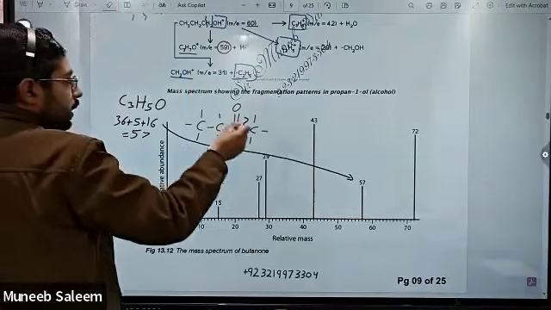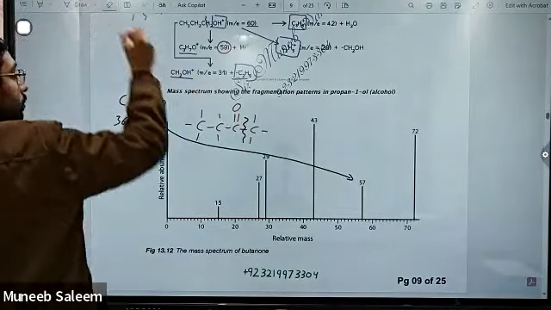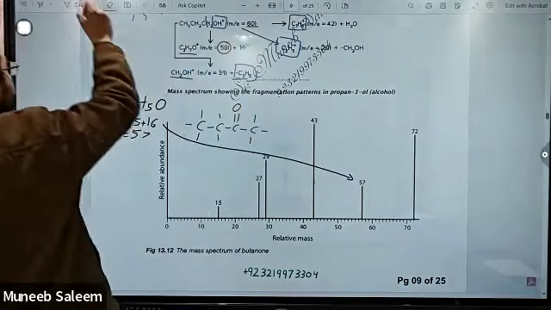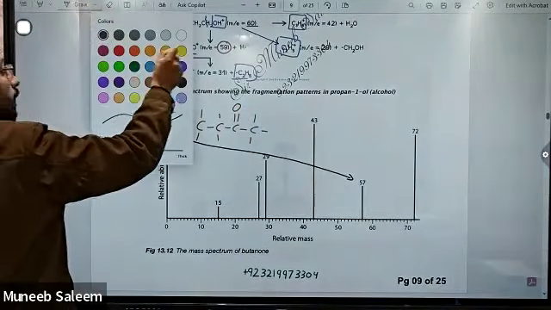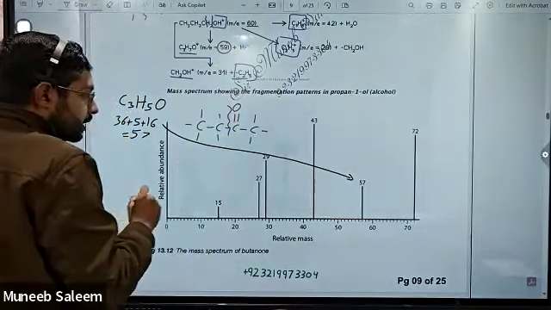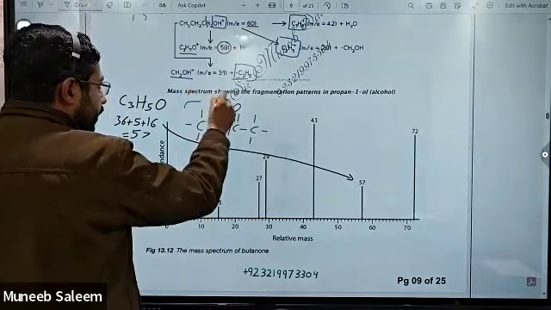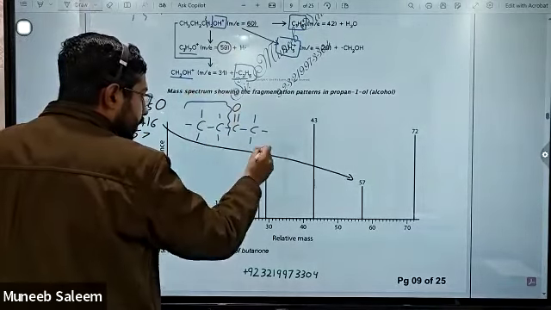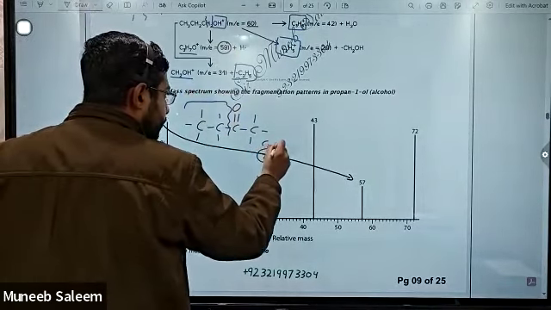If we cleave from here, this point is already produced, methyl cation. And if we cleave from this point, you will get ethyl cation. This side becomes ethyl, so this is the ethyl cation over here, C2H5.